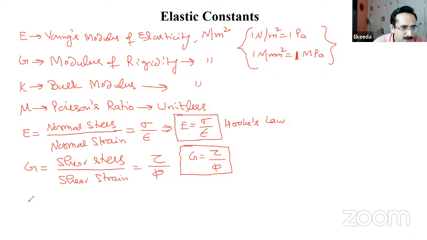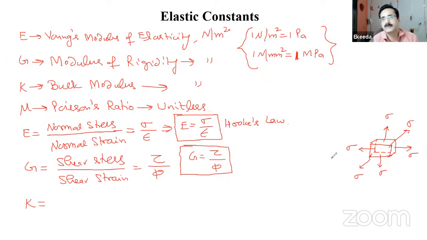Then we have third, bulk modulus. Bulk modulus comes into the picture when there is a three-dimension body. Suppose this is a three-dimension body, and you have applied stresses, suppose sigma, in all three directions, X, Y and Z, and the stresses are equal in all directions.